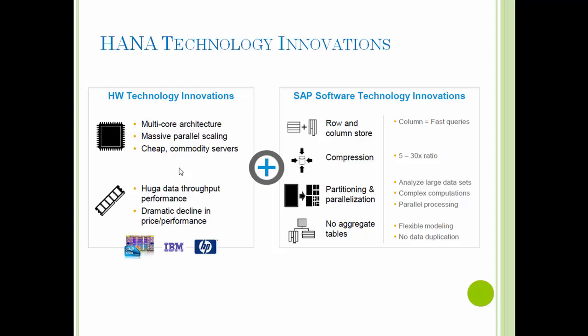So with all this, as I said in my previous explanations, we can have a huge amount of business data being operated on in parallel, thus obtaining the business response needed. Huge data throughput performance is possible. There is a dramatic decline in price per performance, and various hardware vendors are actually offering this right now in the market.